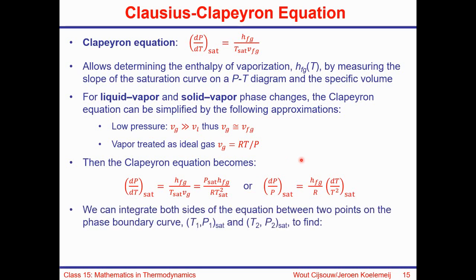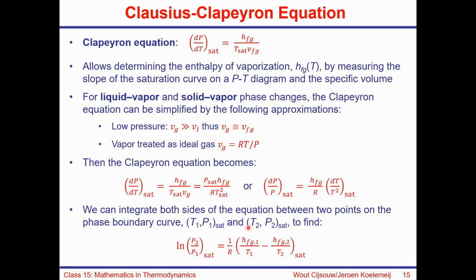We can take the integral, perform the integration, and the limits that we choose here are temperature 1 and temperature 2, both on the saturation curve or on the phase transition boundary, and the same thing for the pressure P1 and P2. And if we perform this integration, then we end up with this expression here.